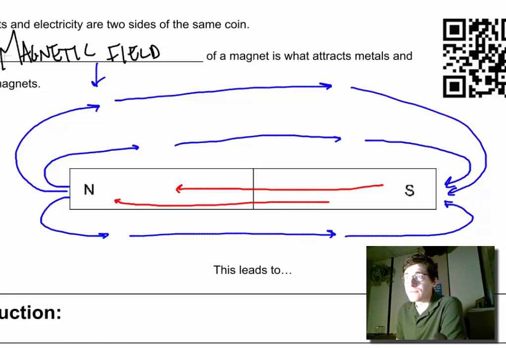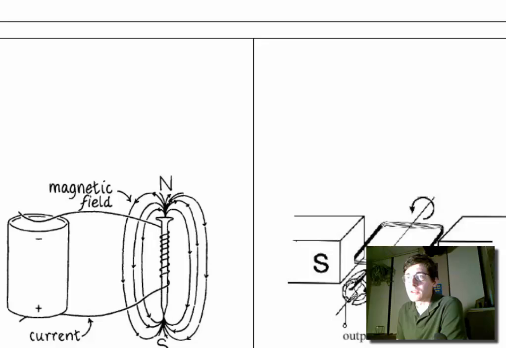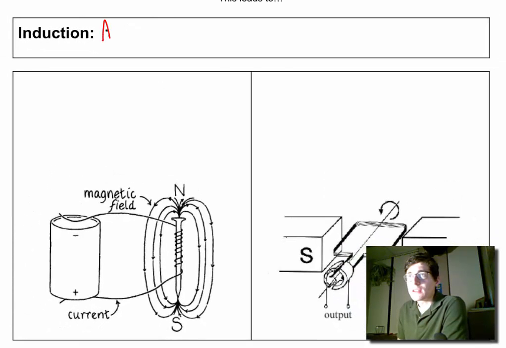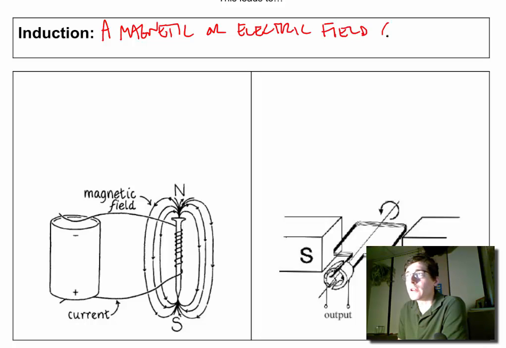Induction, let's scroll down a little bit. We're going to talk about these two things. Induction is a magnetic or electric field caused by something else. This is a really, really broad definition.